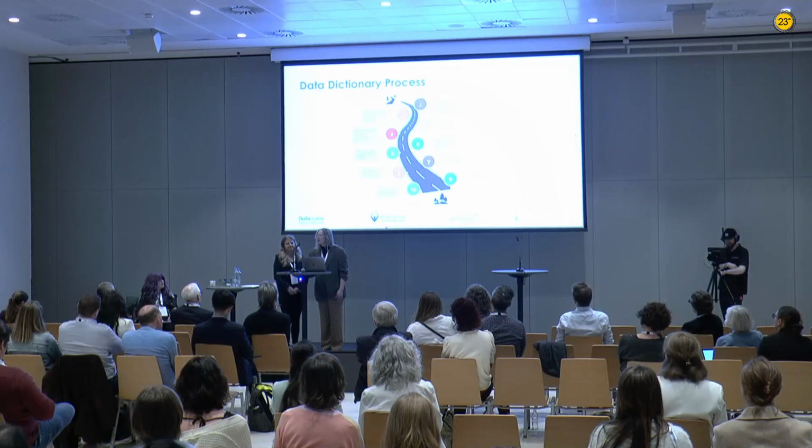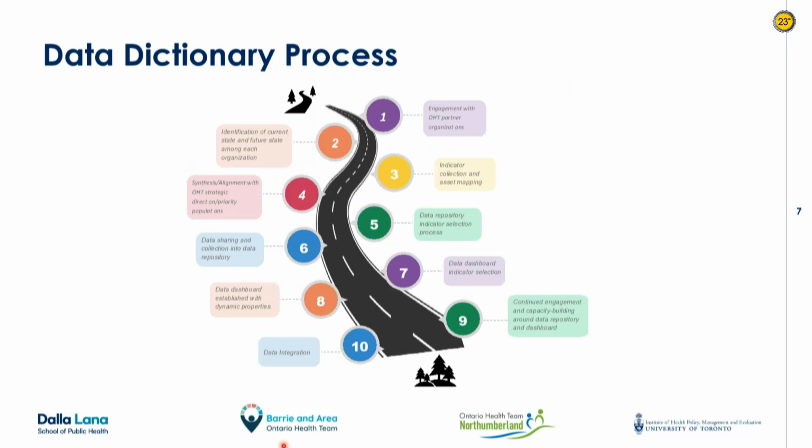And ultimately, the work on the previous slide led us to develop and venture into the data dictionary process shown here. We use this roadmap as a visual representation of the process of data integration, moving from an initial data dictionary or index of data points through to a data repository or shared data platform, and finally to a data dashboard or live data tool.